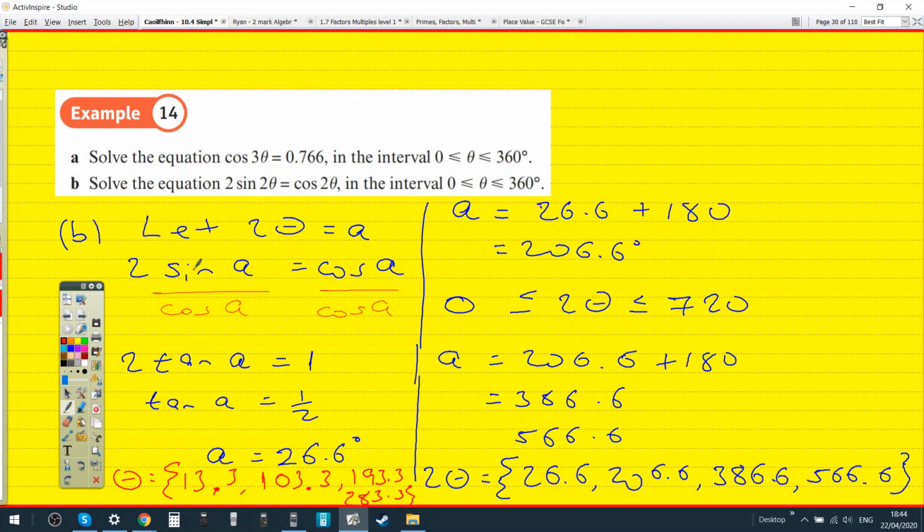Great. Yes, let it be equal to A, and then it is the same as the previous type, and you recognized that if you have a mixture of sine and cos, you can divide through by cos to convert it into tan. And so instead of getting 2 solutions with sine and 2 solutions with cos, you got 4 solutions with tan, because instead of it repeating every 360, it repeats every 180.